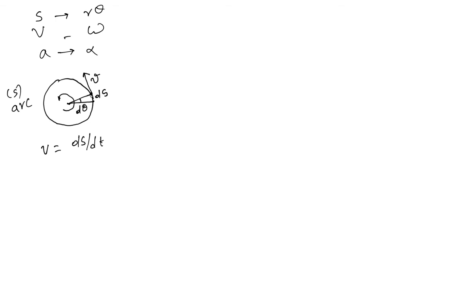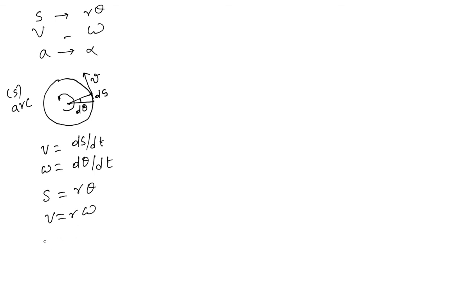Assuming that's a straight line, it's actually not a straight line, but because this is so small, you can assume it as a straight line, and that's what we do when we talk about differential things. This is the velocity of this guy here, and what is the angular velocity? We know angular velocity will be d theta over dt, right? And because s is r theta, these two should be related as v equals r omega, right?